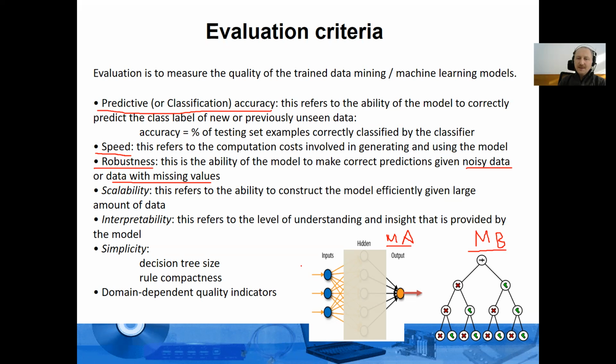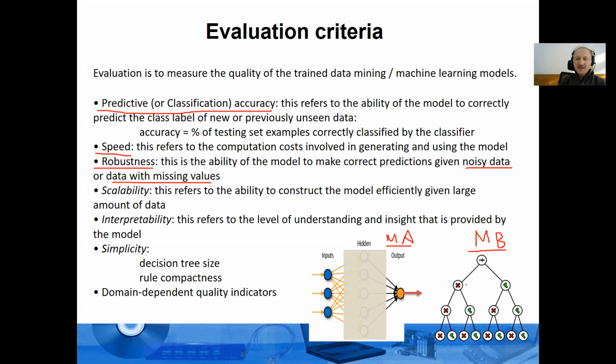If it is affecting it too much, or less, or not at all, you can evaluate which model is more robust. Usually decision tree models are like that, not always.